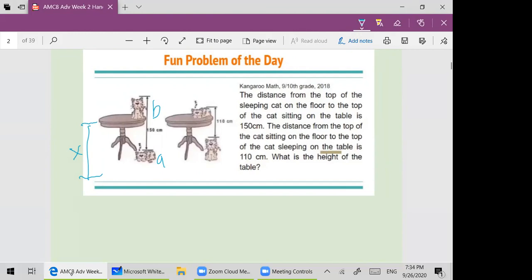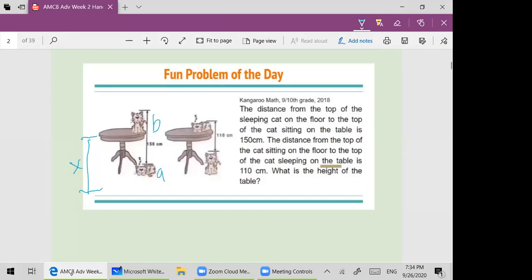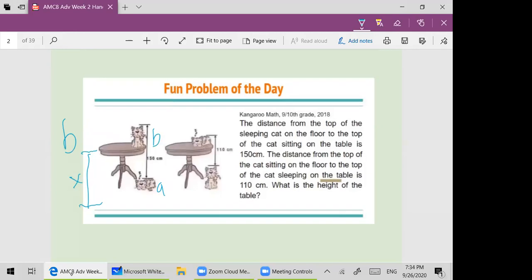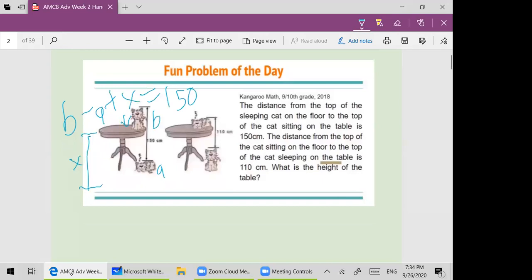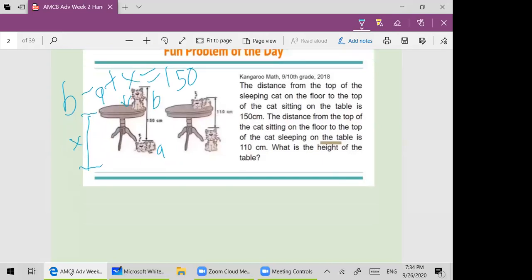Then we have that b minus a plus x equals 150 from this situation. From this situation, we have that a minus b plus x equals 110.